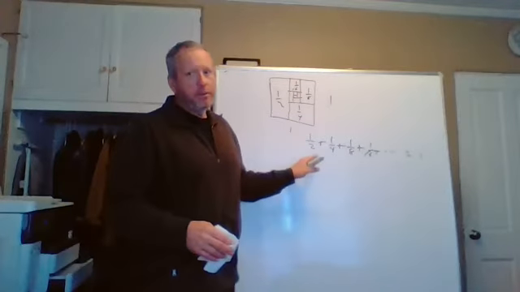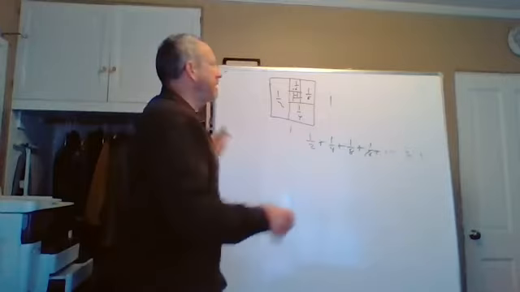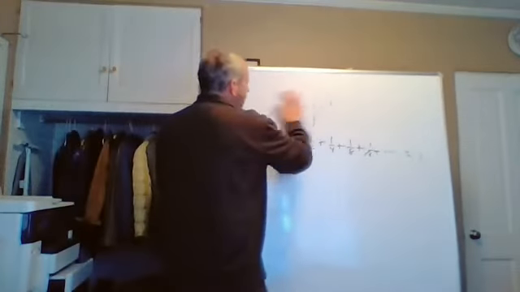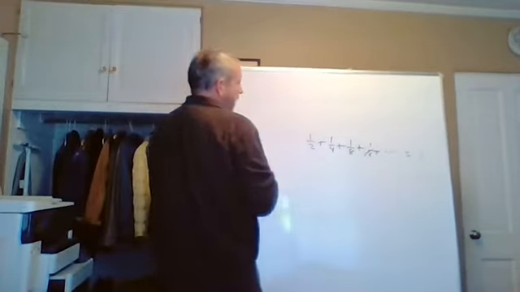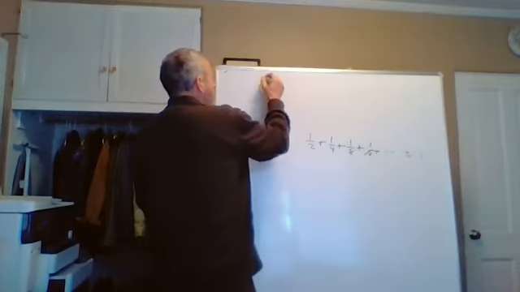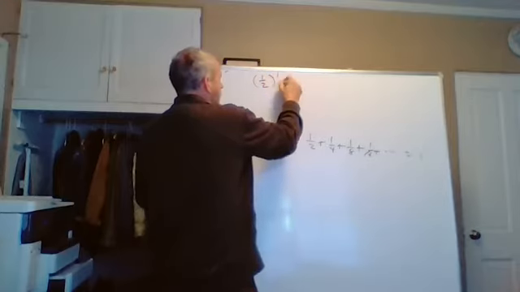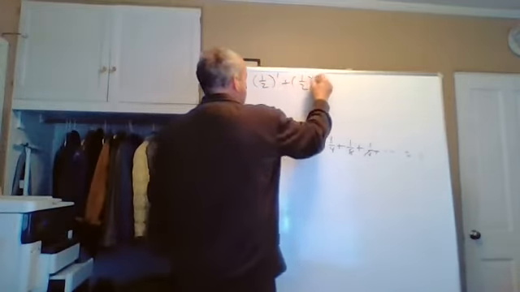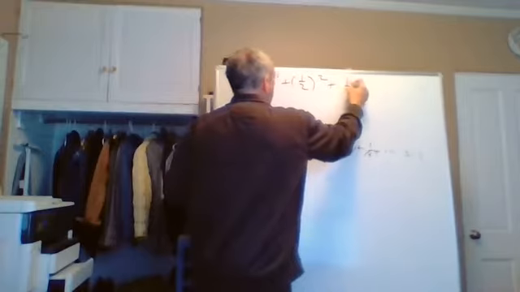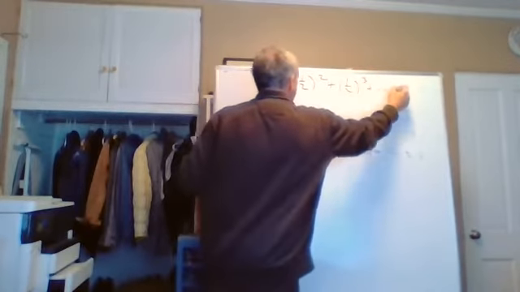It doesn't have to be 1/2, 1/4, 1/8, 1/16. What's really going on here, at least in this case, is that we have 1/2 raised to the power of 1 plus 1/2 raised to the power of 2 plus 1/2 raised to the power of 3 plus so on and so forth.